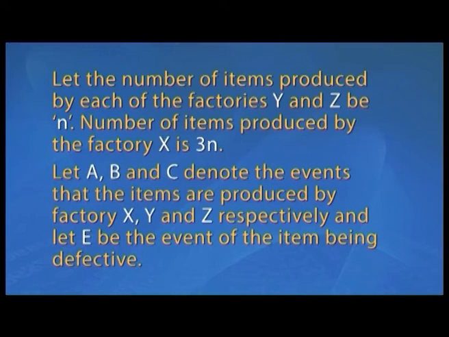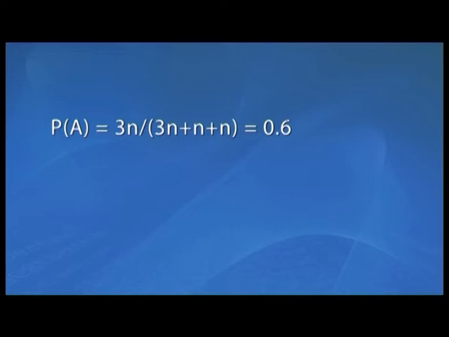Let the number of items produced by each of the factories Y and Z be n. Then the number of items produced by factory X is 3n. Let A, B, and C denote the events that the items are produced from factory X, Y, and Z respectively, and let E be the event of the item being defective. Then we have P of A is equal to 3n by 3n plus n is equal to 0.6.